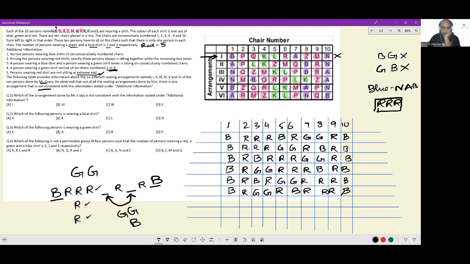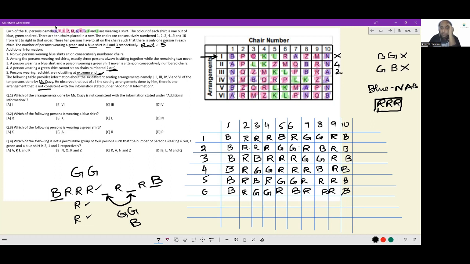If I go ahead and name them 1 and 2 and 3 and 4 and 5 and 6, let's see. Blue, red, green, green, red, red, red. This is corresponding to the fourth arrangement that we have. Here we have blue, red, red, red, green, green. This is corresponding to the second arrangement that we have. Blue, red, blue.